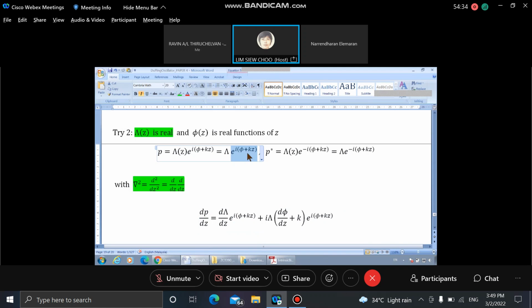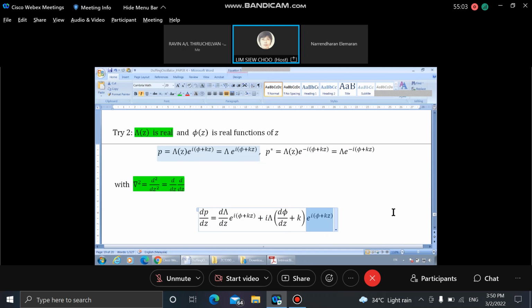Differentiate this means that you differentiate the argument of the exponent and multiply with the original exponent. When you differentiate this, means that you have the I multiply with I, so that I is here. d5 over dz. And dkz over dz, you get k. All right. So you have the terms here.